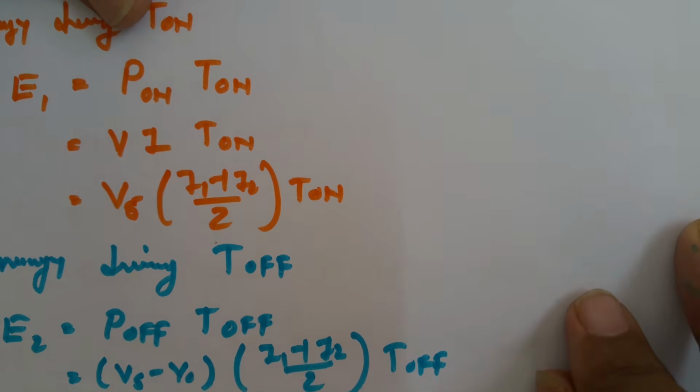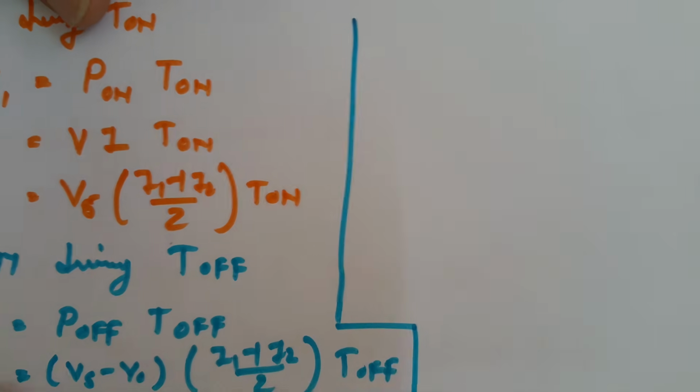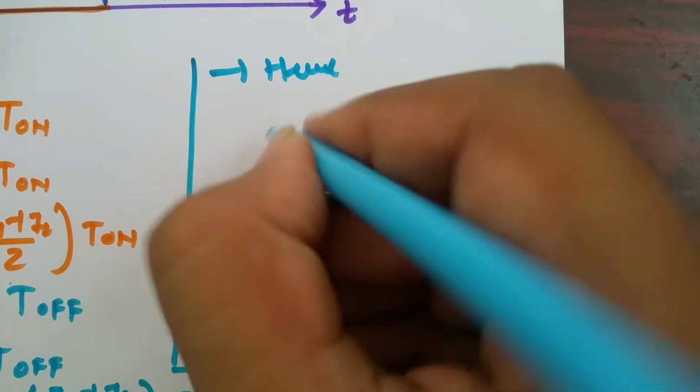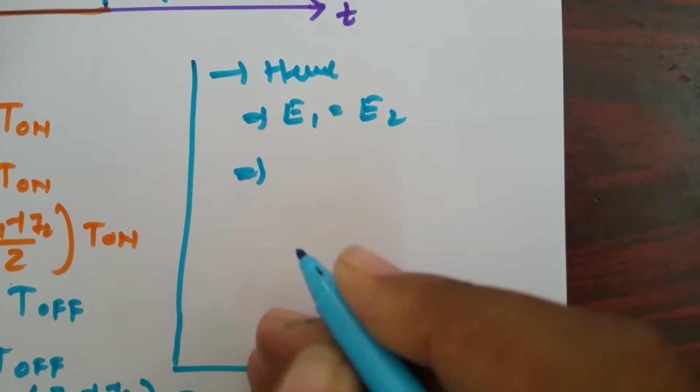Now the amount of energy which is getting stored in the inductor and released by the inductor is the same. So E1 is equal to E2.